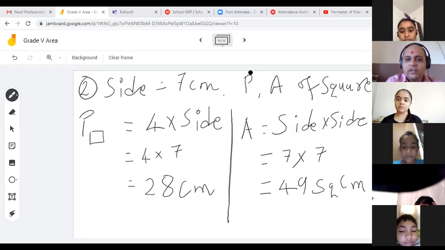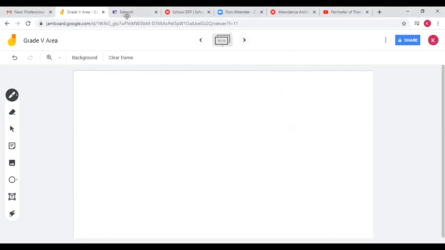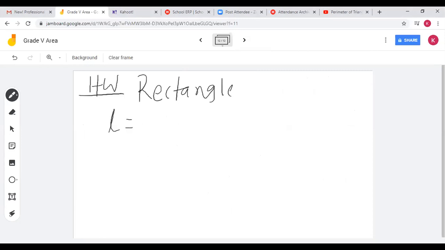Now let's do some homework. For a rectangle, length is equal to 7 centimeter and breadth is equal to 8 centimeter. This is one example.